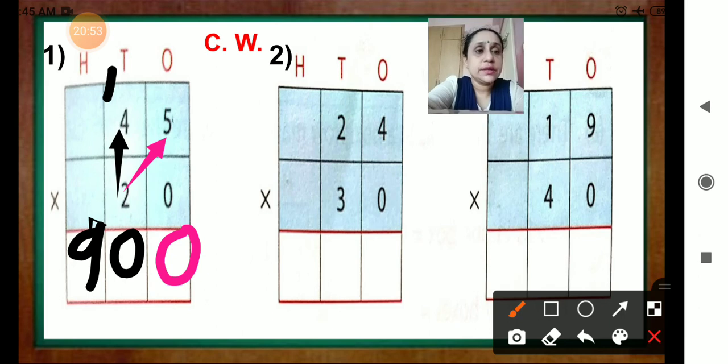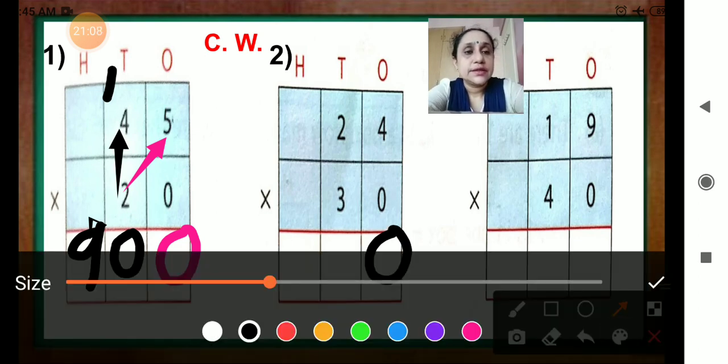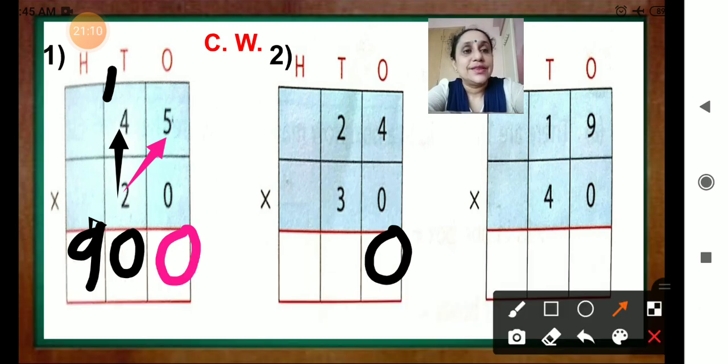Shall we do the next one? Question 2, 24 multiplied by 30. Now say what you have to do, what you will write. First we will write this 0. Then which numbers we will multiply? Tell. 3 4s are. Very good.